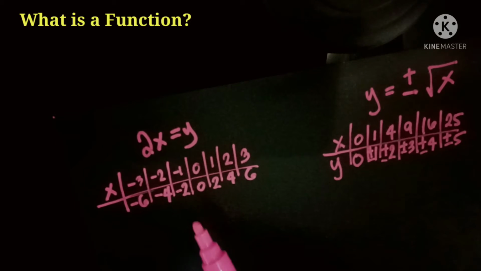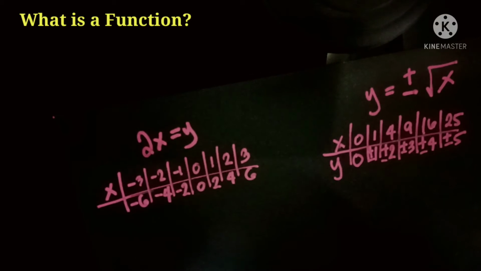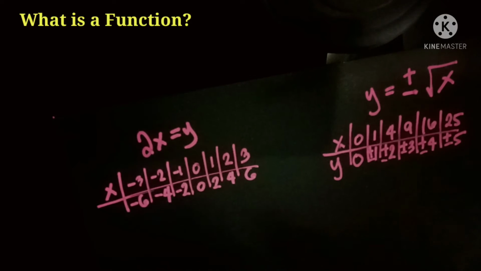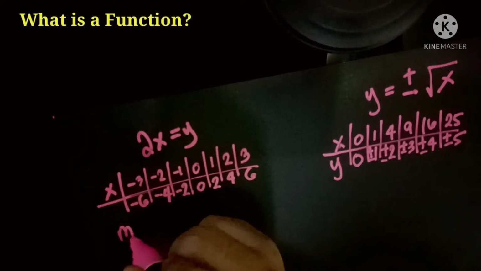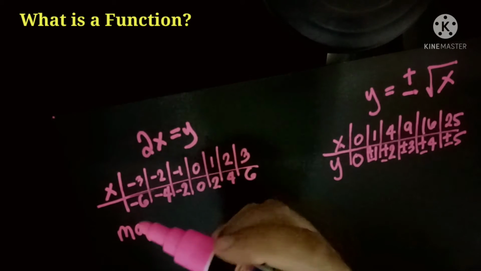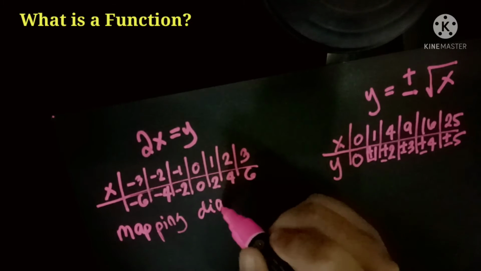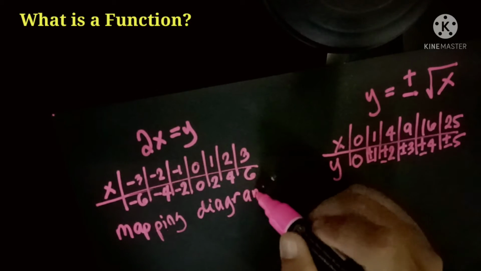Let us transform this table of values into mapping diagrams for better visualizations. The first one, so we will transform this into a mapping diagram.